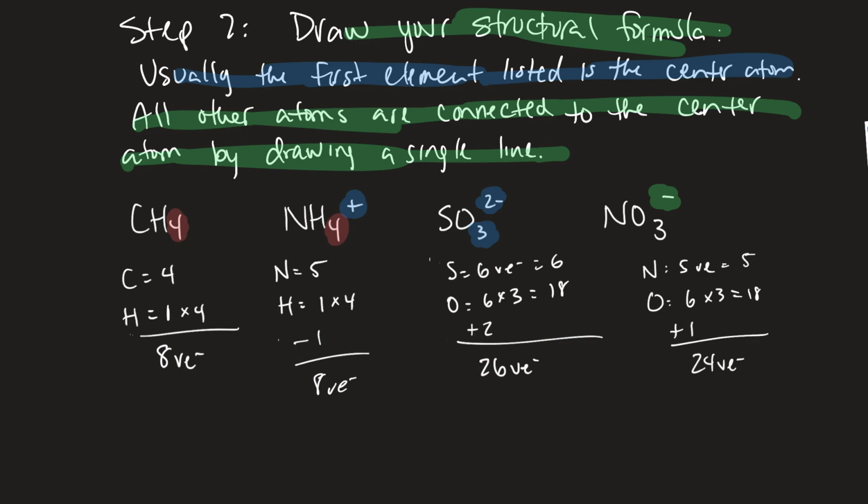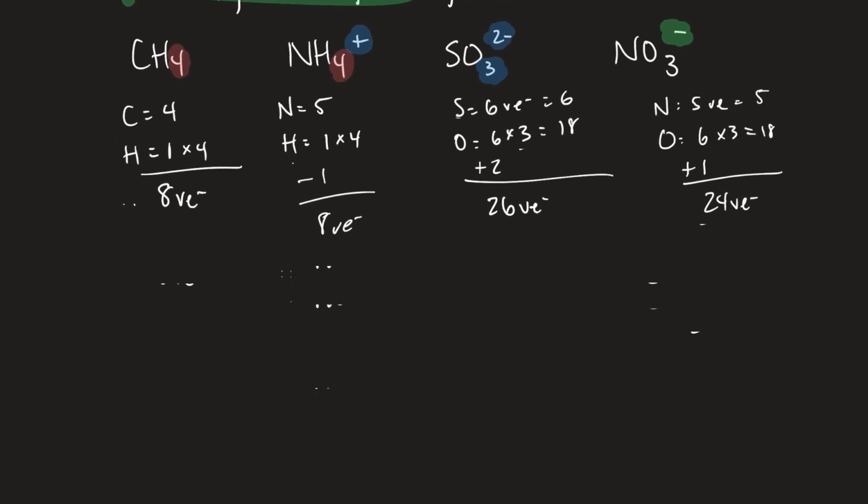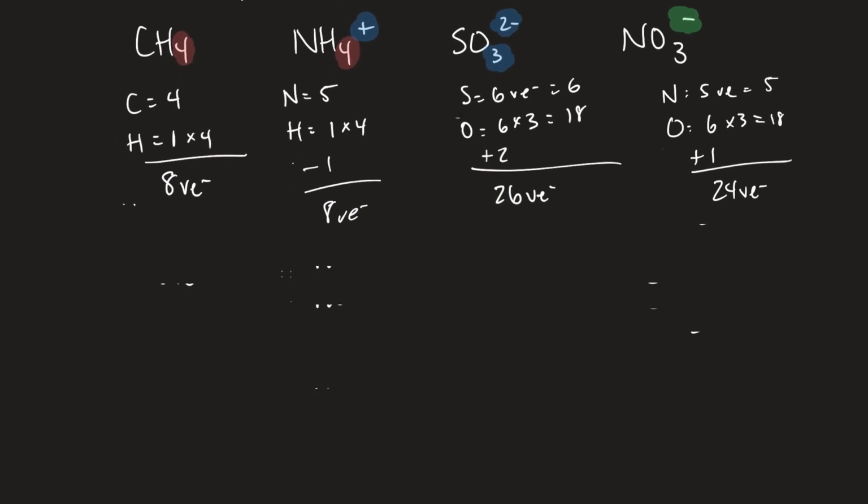So what do I mean by this? Let's look at our first example here, where we have CH4. This first atom that we see here is our C, so that'll be our central atom. So C will be my central atom, and then I'm going to have my 4 H's off to the side, and each of them is going to be connected to the carbon by a single line.